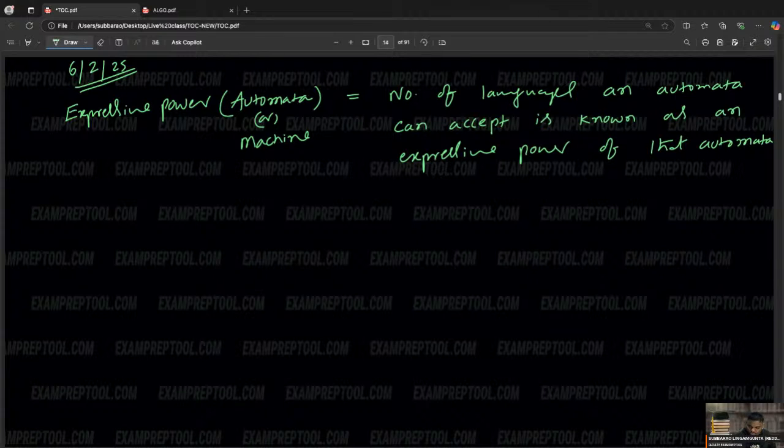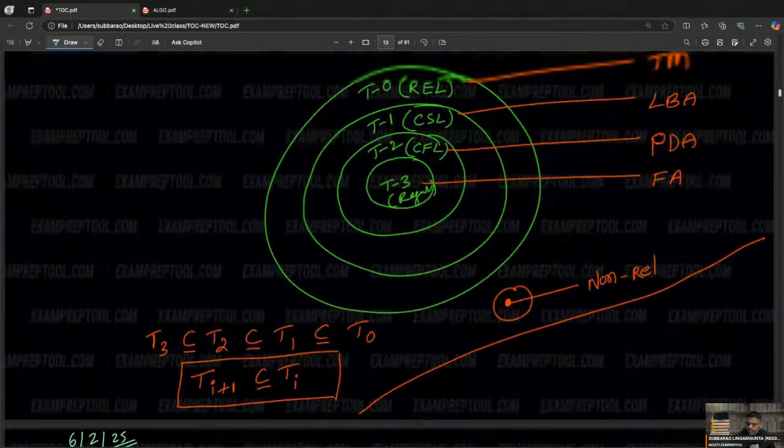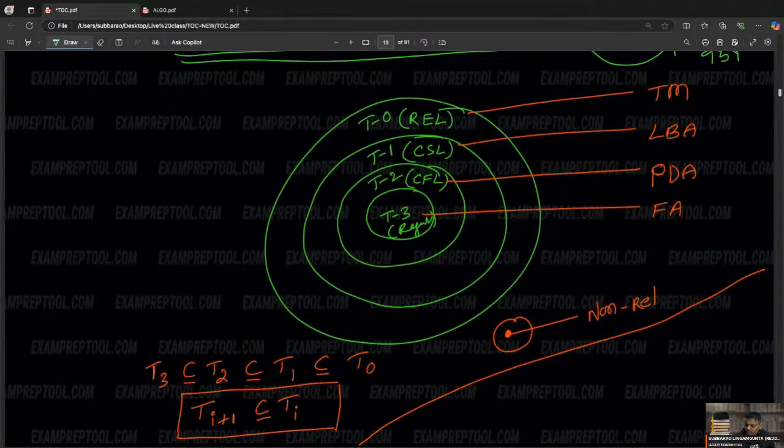If you see the above diagram, the bigger automata is the Turing machine and the smaller automata is the finite automata. Finite automata, because it is very small, has less expressive power, so its expressive power is 1.